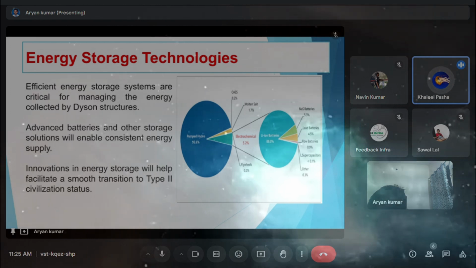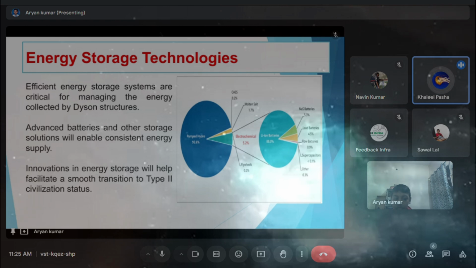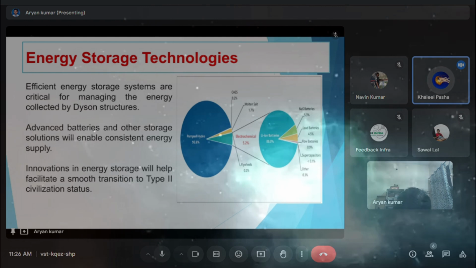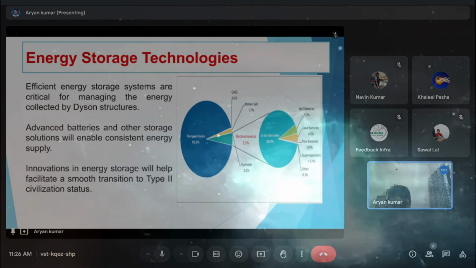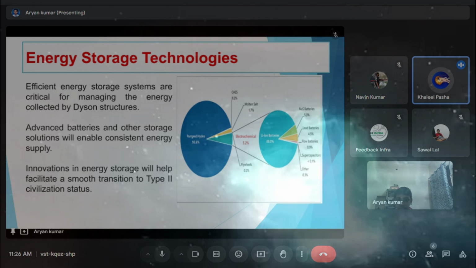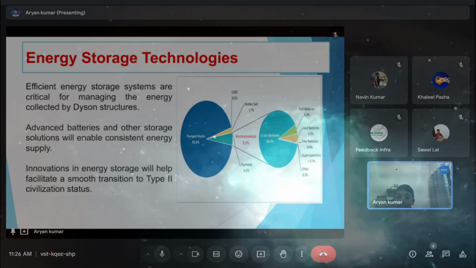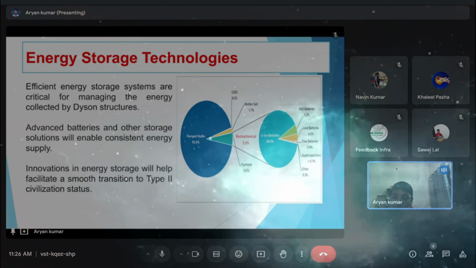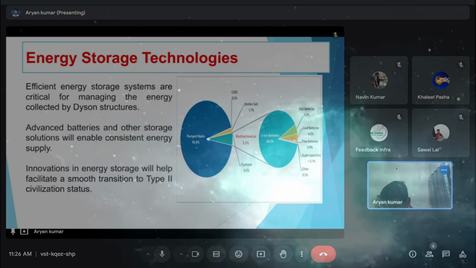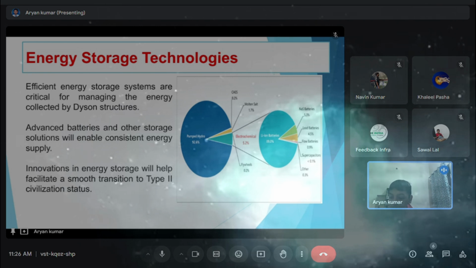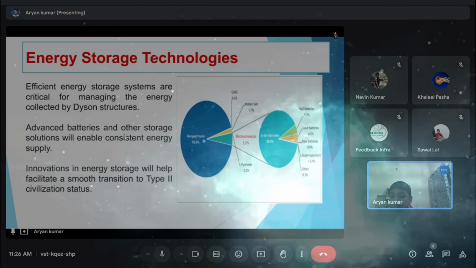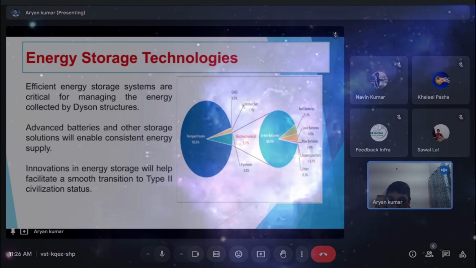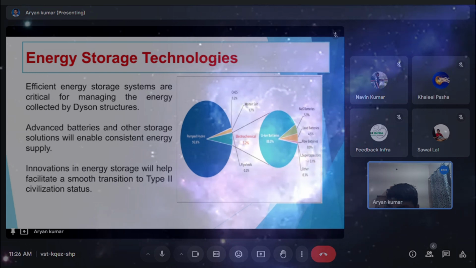Innovations in energy storage will help facilitate a smooth transition to Type 2 civilization status. So, efficient energy storage systems are critical for managing the energy collected by Dyson structures. Advanced batteries and other storage solutions will enable consistent energy supply. Innovations in energy storage will help facilitate a smooth transition to Type 2 civilization status.